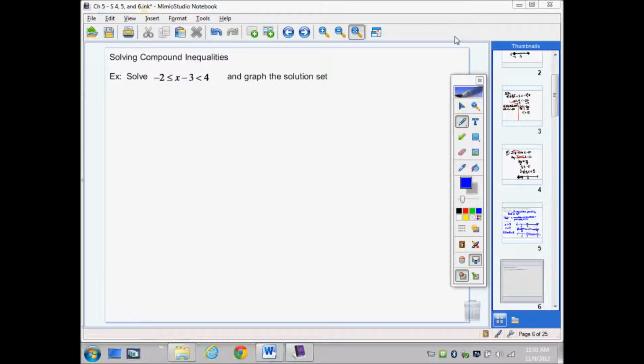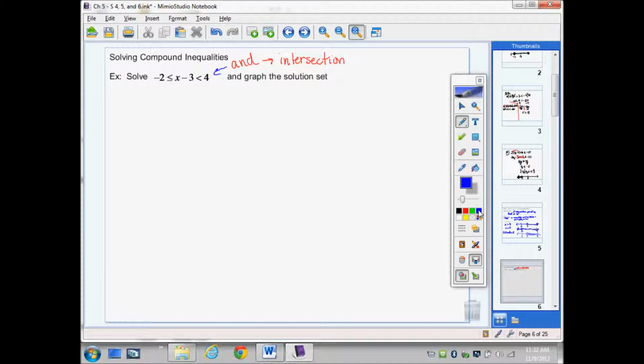So, this is also an and. So it's also going to be an intersection. So with the and intersection, you can have two ways.